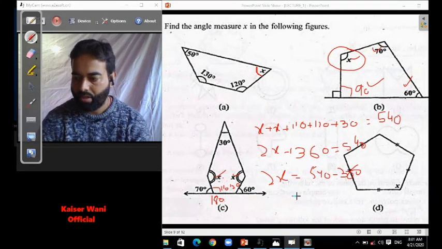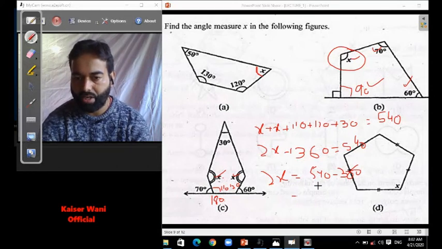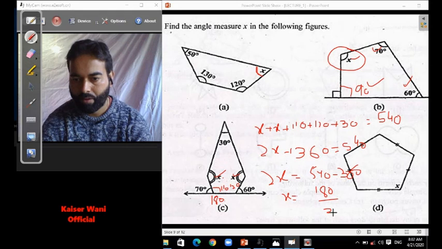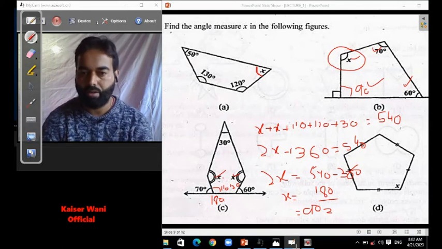So 540 minus 360 is equal to 180. So x is equal to 180 divided by 2, that is x equal to 90.